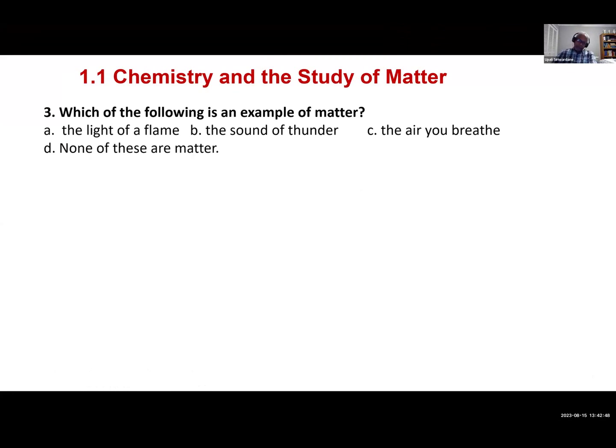What do you think? Example of matter. Let's see. I need to go back to my definition page. Matter and energy, we are asking. There are two types, matter and energy. Light flame is energy.